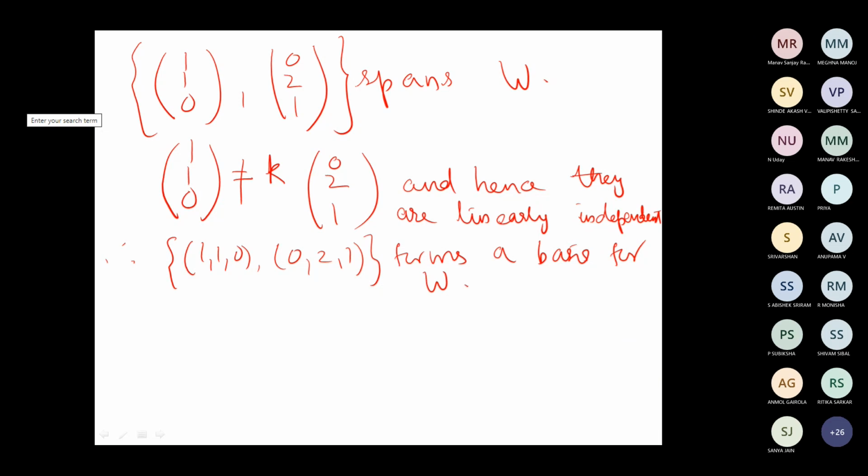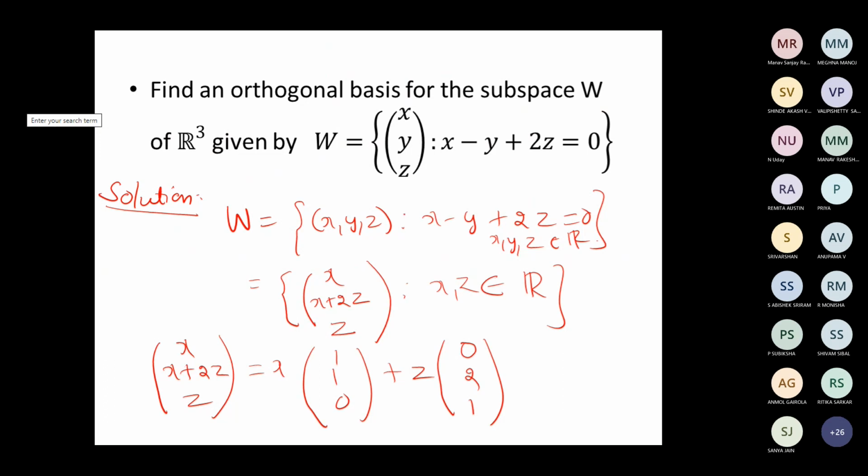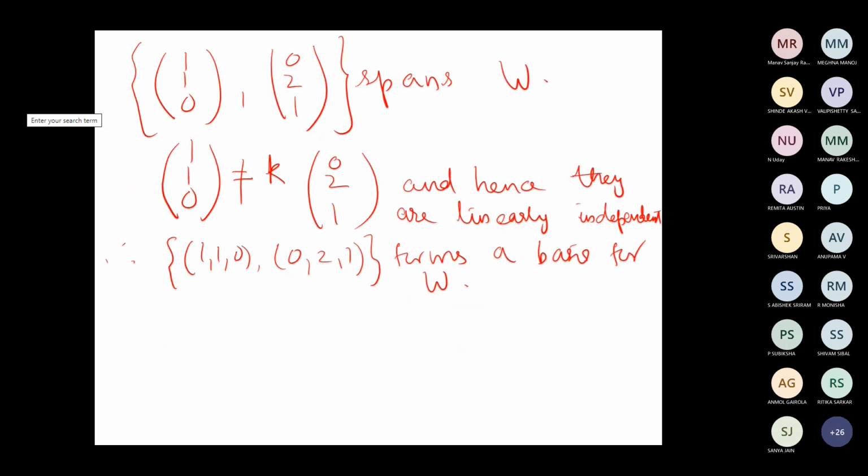Now, what is the actual question asked? We have been asked to find the orthogonal basis. Basis you have found, but we have not done. We have to do something more. We have to find the orthogonal basis. That means this basis has to be converted into an orthogonal basis. So for that, we find an orthonormal basis. Orthogonal they have mentioned.